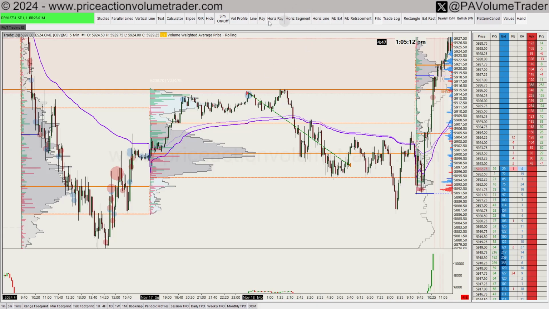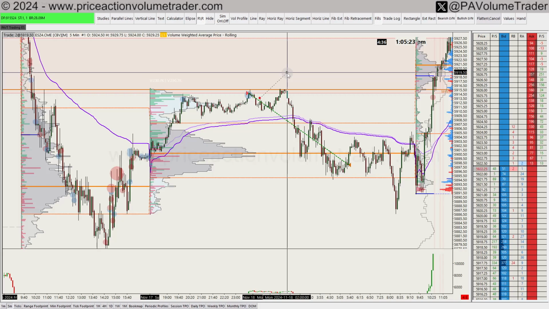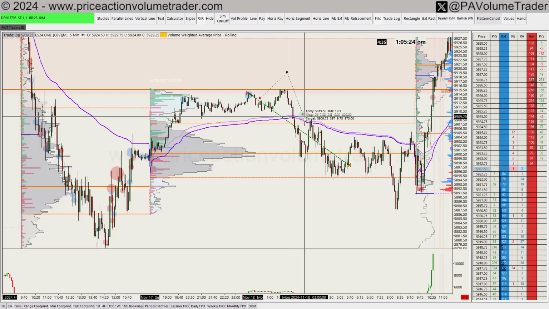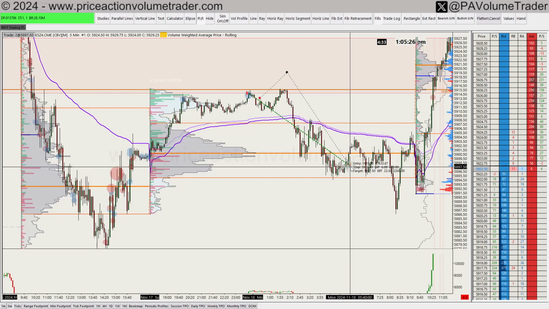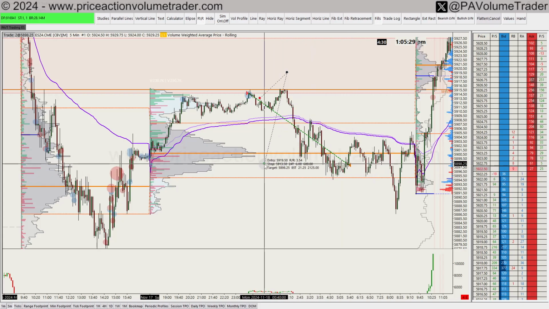So then going back to the R&R, entry here, stop loss just beyond those wicks, and then in the end I got out of the position right here. So you can see the R&R.